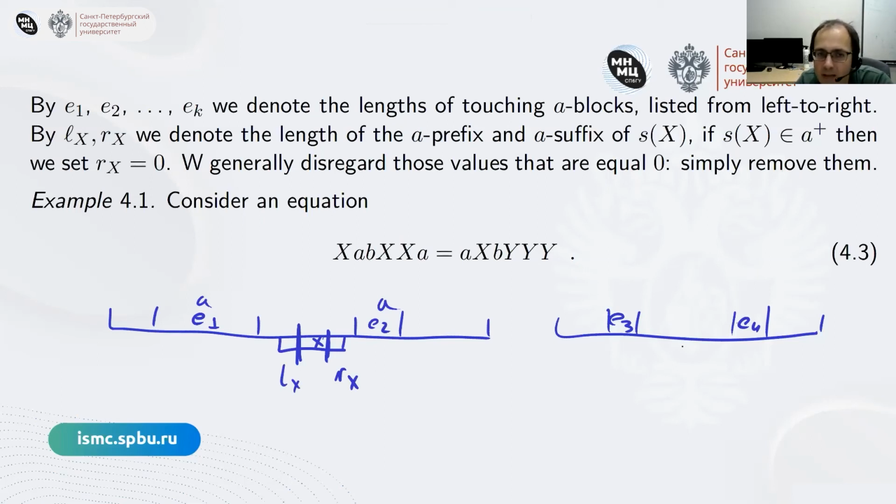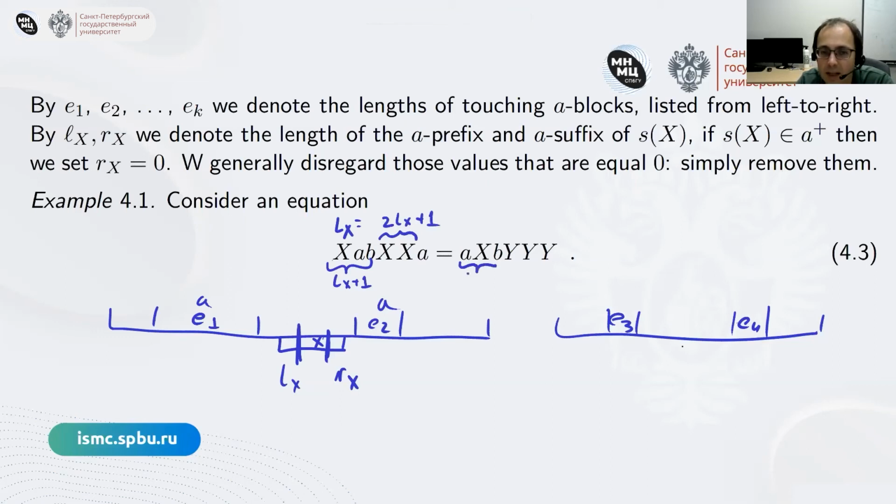So for instance, in the example that we had previously, the length of this would be LX. The length of this, let's not assign a concrete letter. So this block is of length LX plus 1. This block is of length 2LX plus 1.